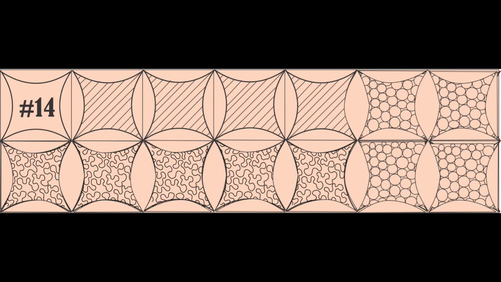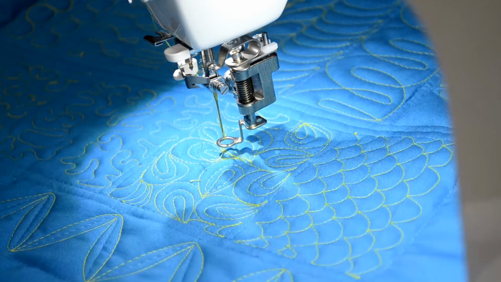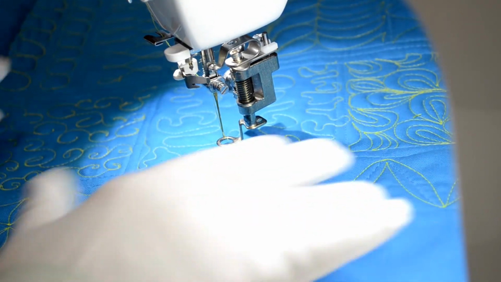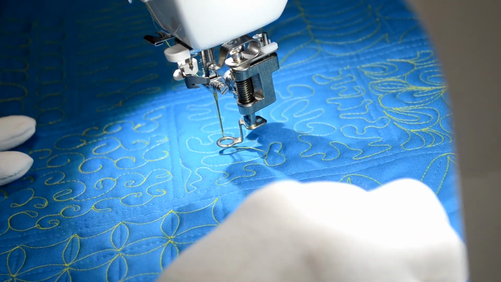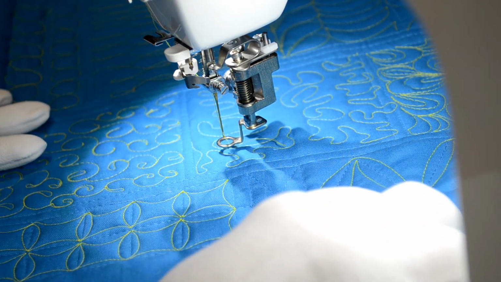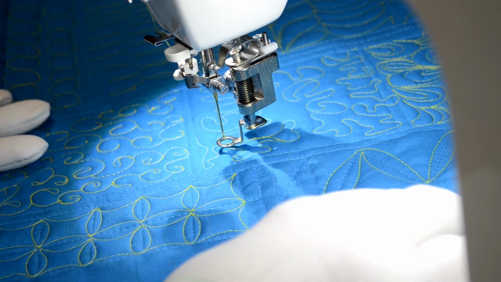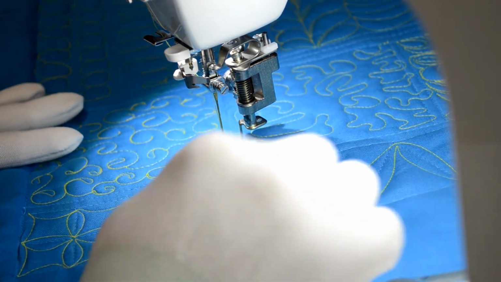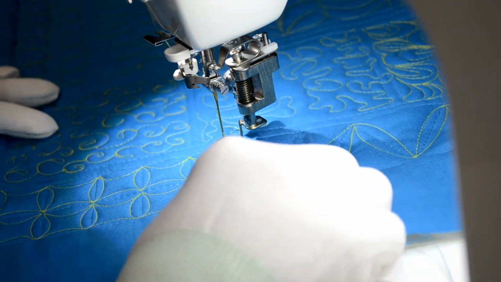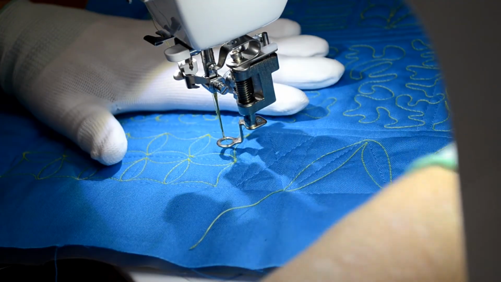And last but not least, stitch 14. Now I want to show you one other thing in the orange peel stitch, and that's how we can fill. There's going to be a couple places where we're going to fill in this design, and it's very easy.